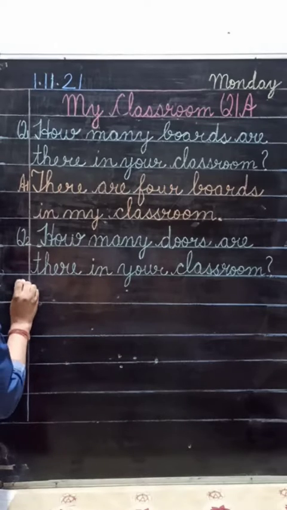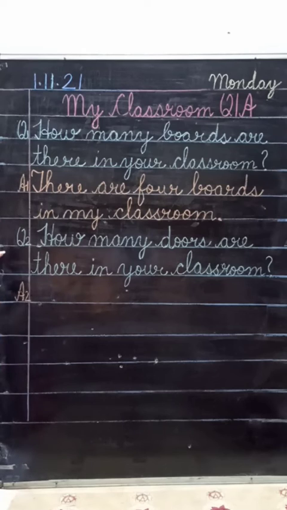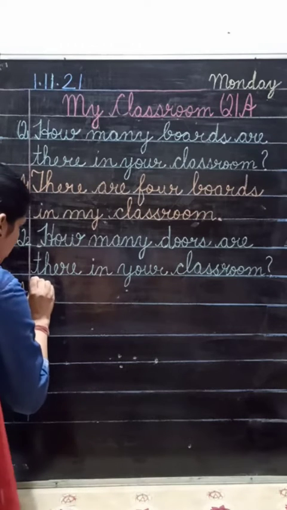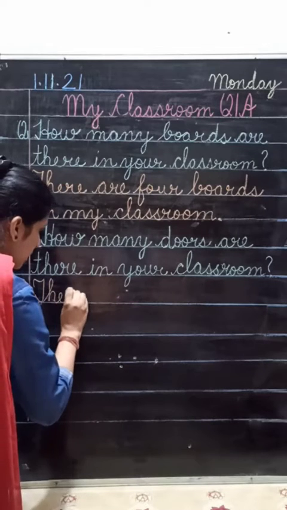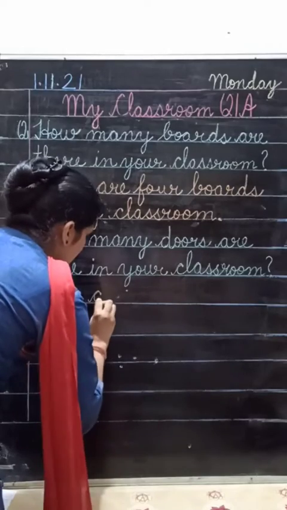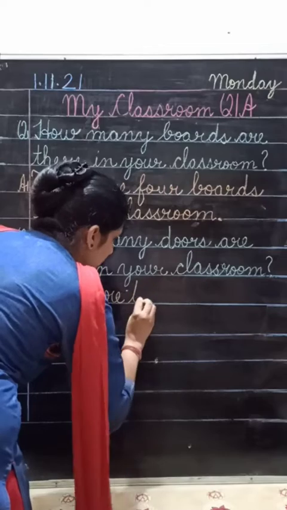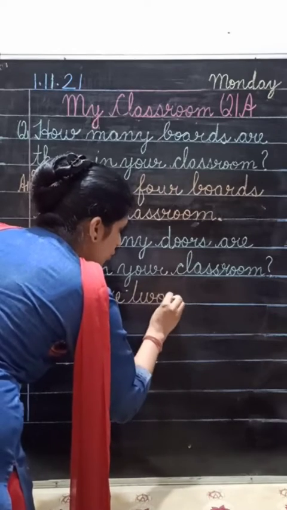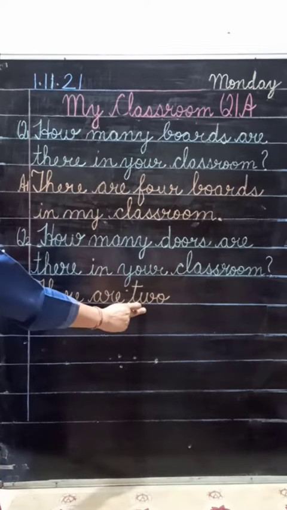Now beta, A2 here. Write down there, capital T, H-E-R-E, there, A-R-E, are, 2, T-W-O, 2. Here again you are to write down the spellings of 2. Okay? Remember this.